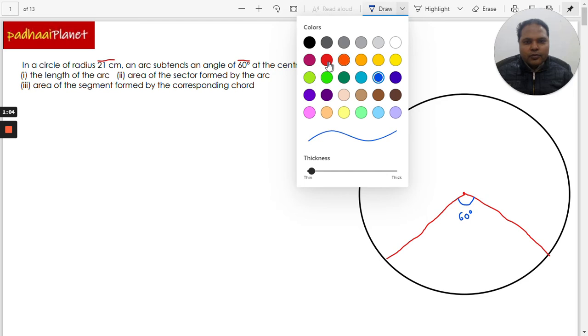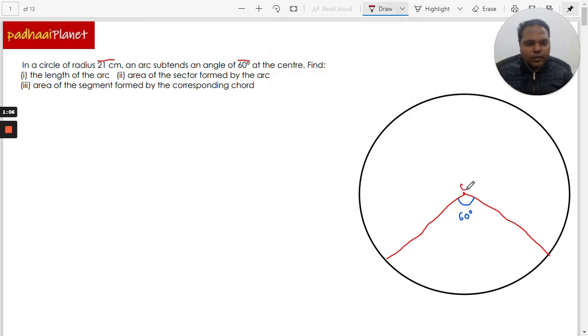And suppose the center is O, and the points where these radii meet the circle are A and B. Now what we need to do is find the length of the arc. Suppose this point is P, so we need to find the length of the arc APB.